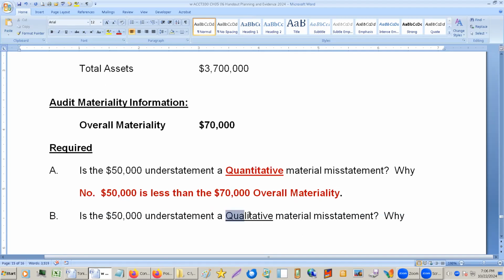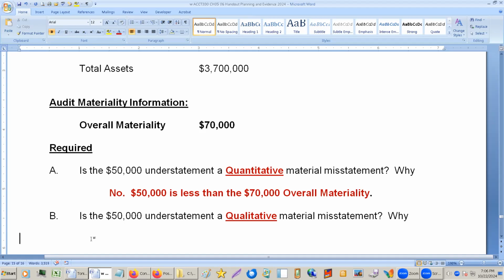Now, qualitatively is when you look at what this actually does, if it's management fraud or something like that, that is beyond this quantitative. If it's already quantitatively material, it doesn't matter what the qualitative is. But if it's not quantitatively material, like this one isn't, is it qualitatively?